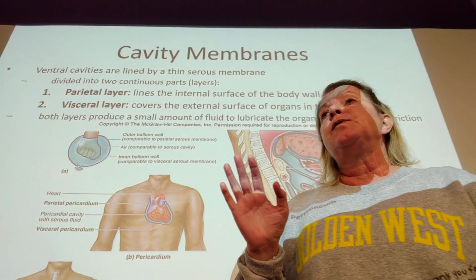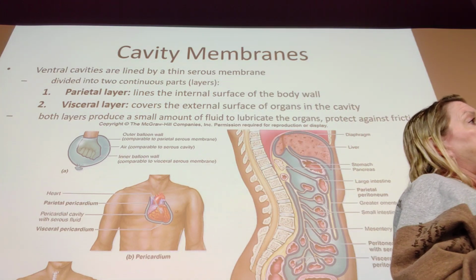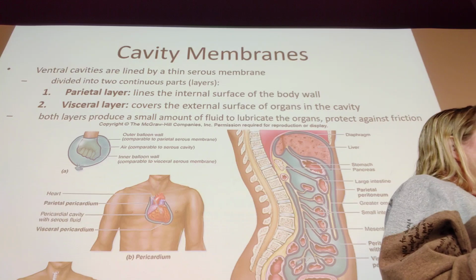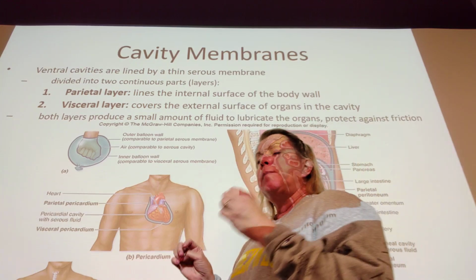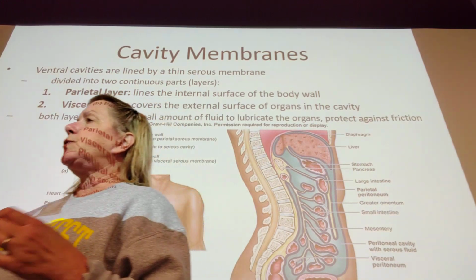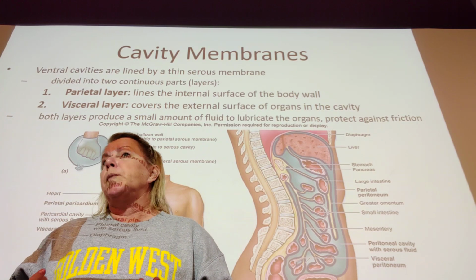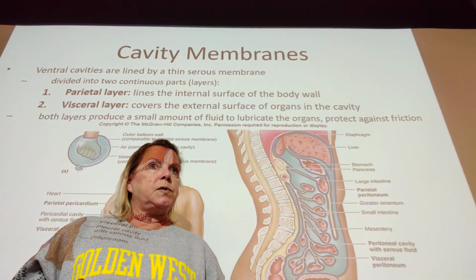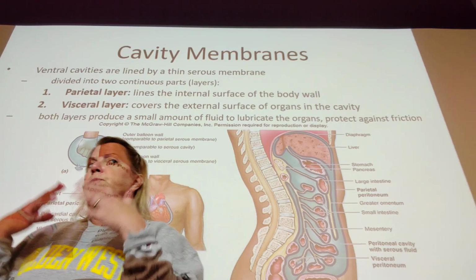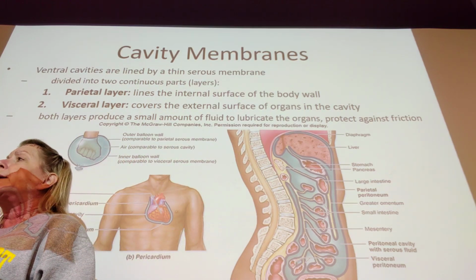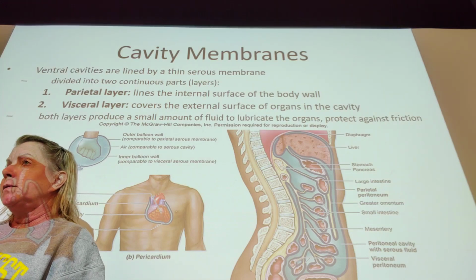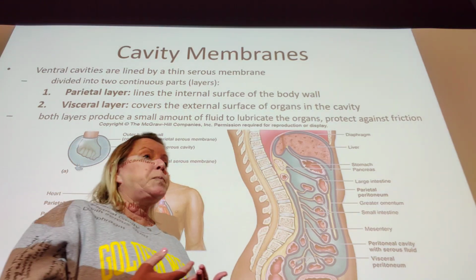And that means there's now more pressure put on the organs within. That is a type of inflammation. When it happens around the lungs, we say it's pleurisy or pleuritis, both terms. If it happens around the heart, we call it pericarditis. It means inflammation, and it's painful.